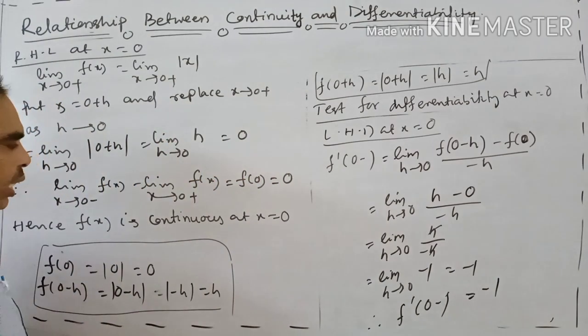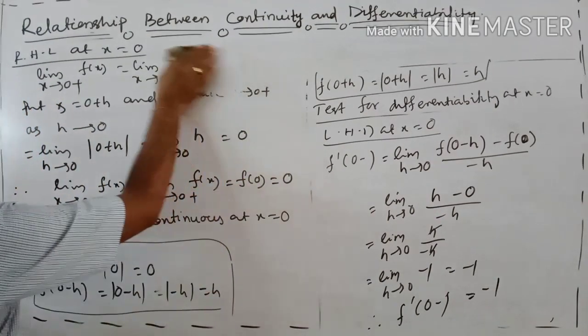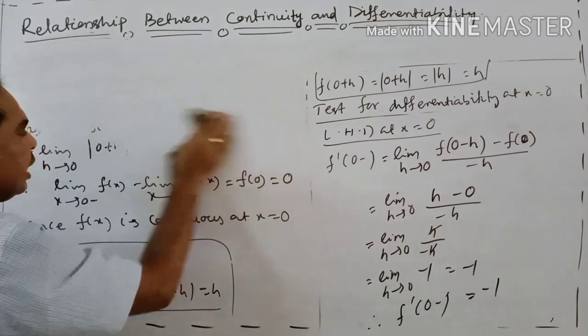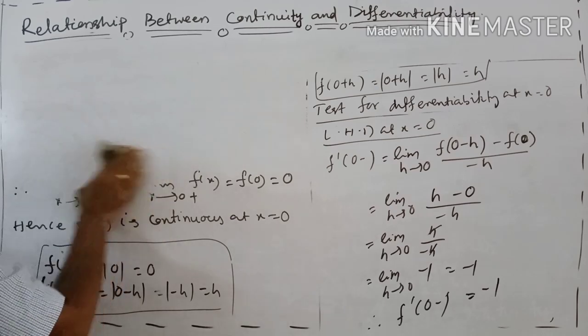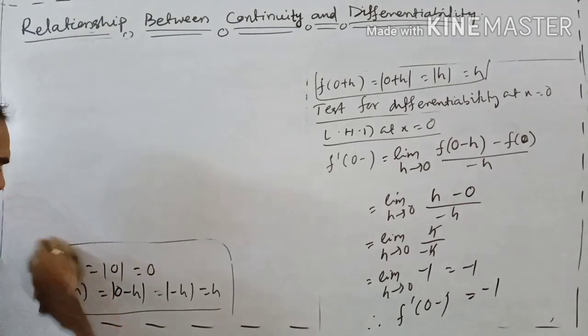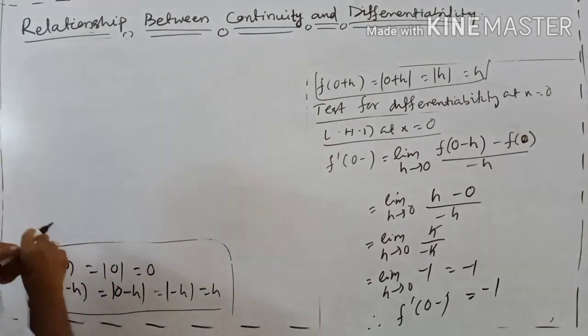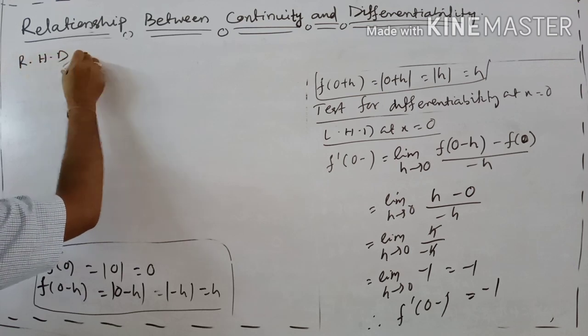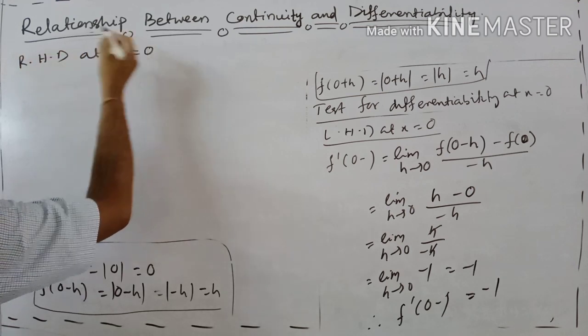Next, to find what? RHD at x is equal to 0.